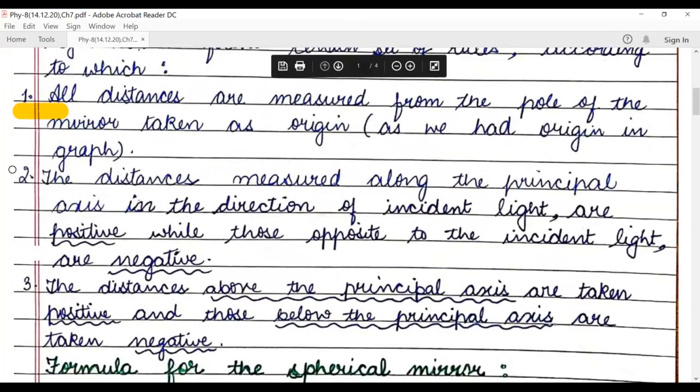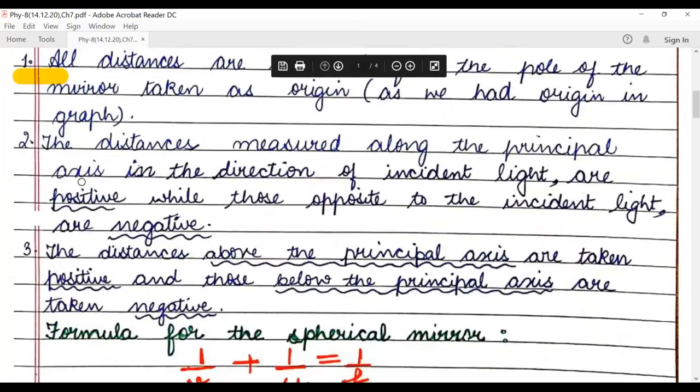Coming to the second point, the distances measured along the principal axis in the direction of incident light are positive, while those opposite to the incident light are negative. So students, what does it mean?